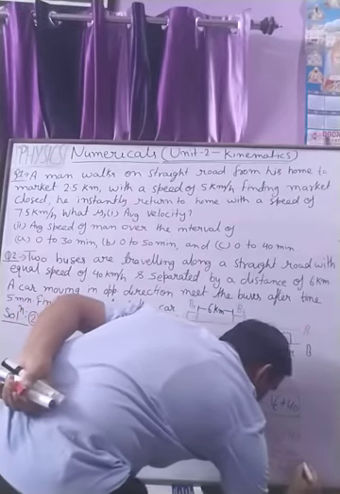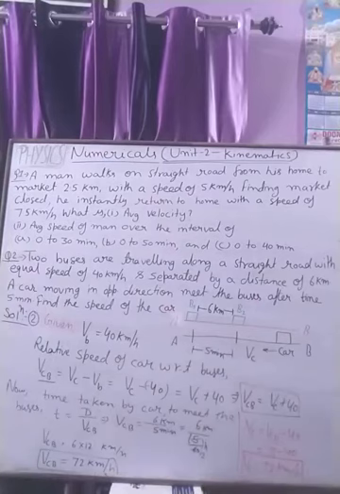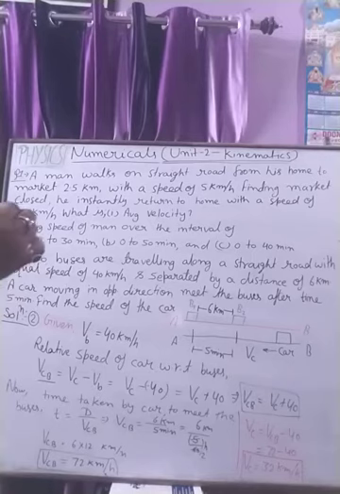This is the speed of the car which meets the buses after 5 minutes, separated by 6 kilometer. Copy this solution. Then we are going to understand the first solution.